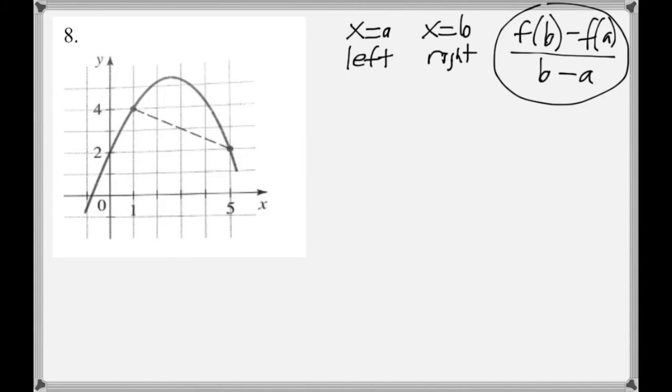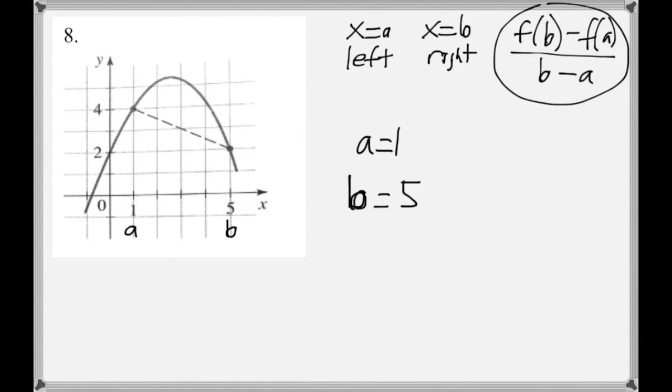So my a, or my first x value, is here, and my b, or my second x value, is here. So I know that a is equal to 1 and b is equal to 5.